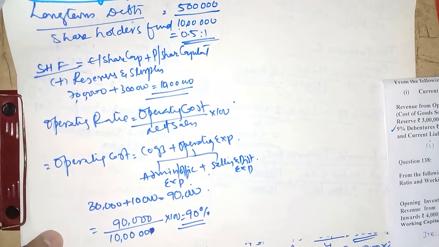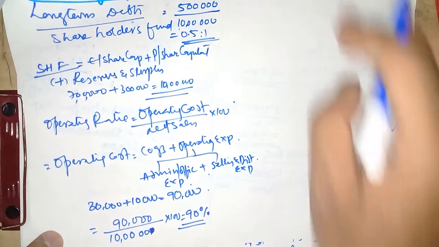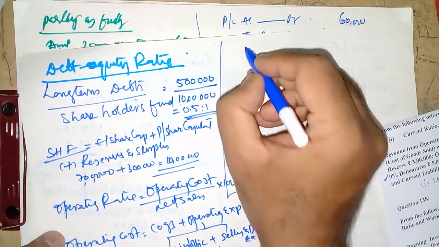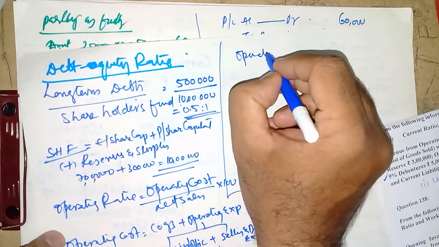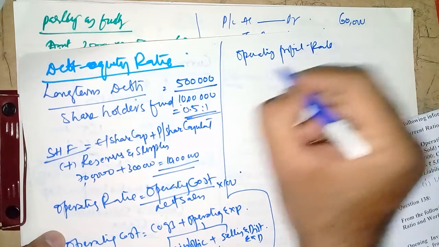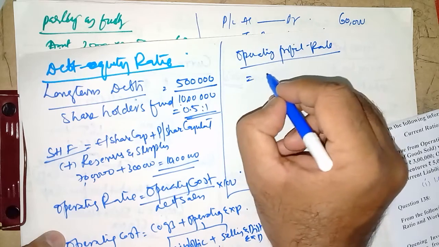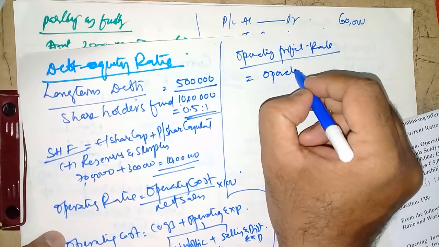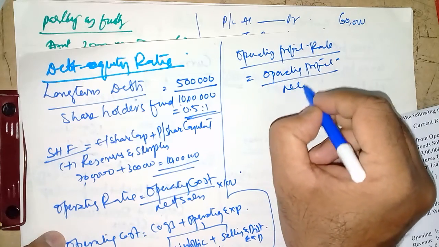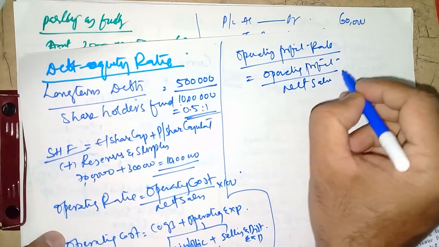Suppose the question asks you, what is the operating profit ratio? There are two formulas. One is operating profit by net sales into 100.